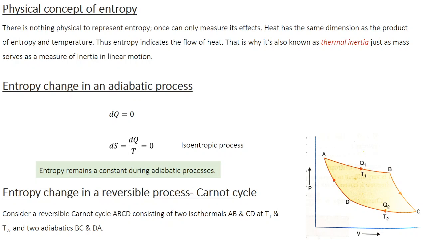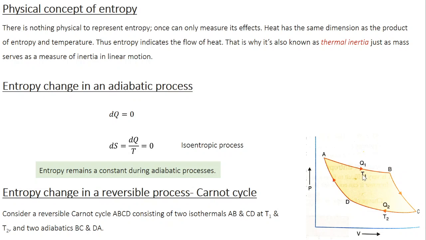Next is a reversible process. Let's take the Carnot cycle because that is the easiest one to understand. Imagine you have a Carnot cycle ABCD depicted in this PV diagram. It has two isothermals, AB at T1 and CD at T2. Then you have two adiabatics, BC and DA.